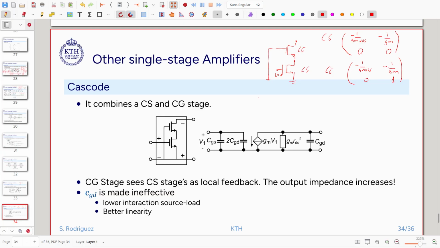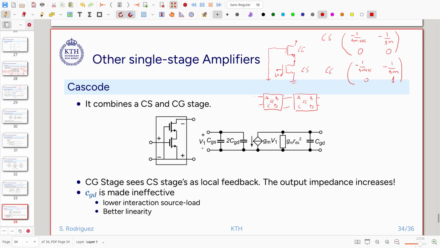Now what we're going to do is use the ABCD parameters of the common source here, and then cascade them to the ABCD parameters of the common gate.